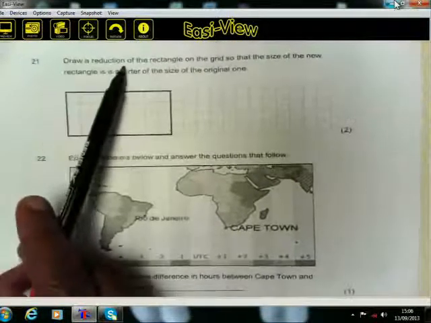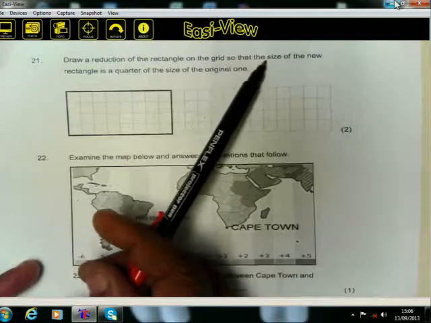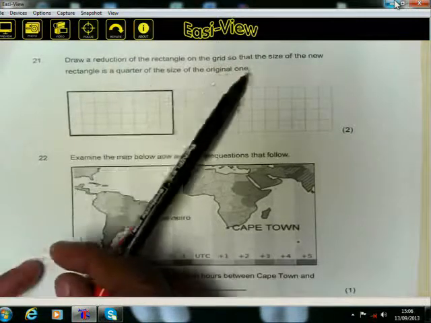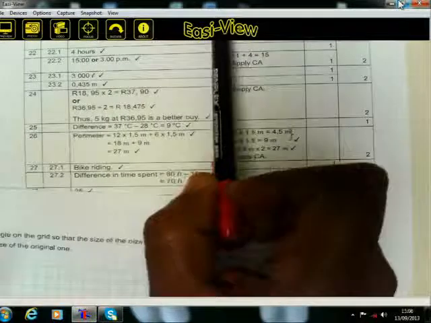Let's come to this one. Right. Let's look here. Draw a reduction of the rectangle on the grid so that the size of the new rectangle is a quarter of the size of the original one. Okay, let's look at the memo there. Elena can draw it this way, maybe. Let me show you.